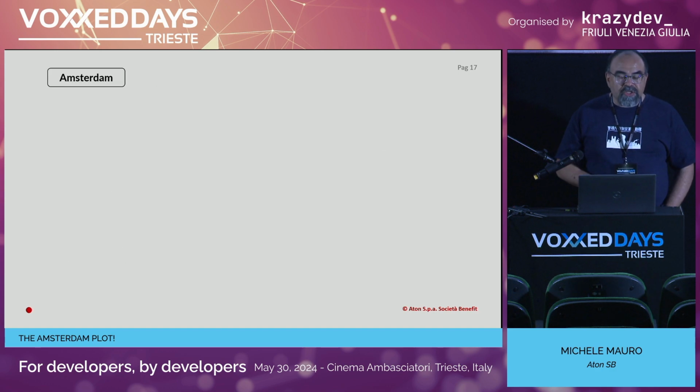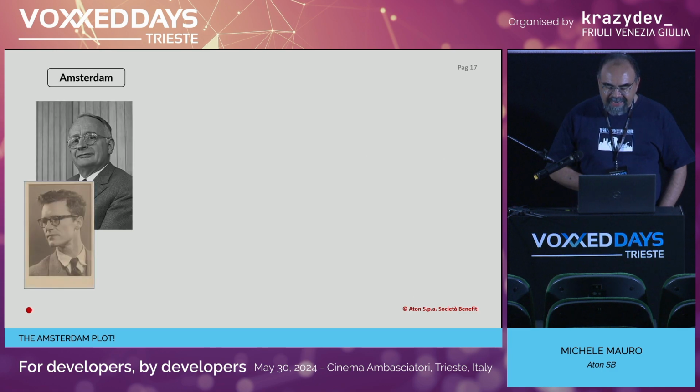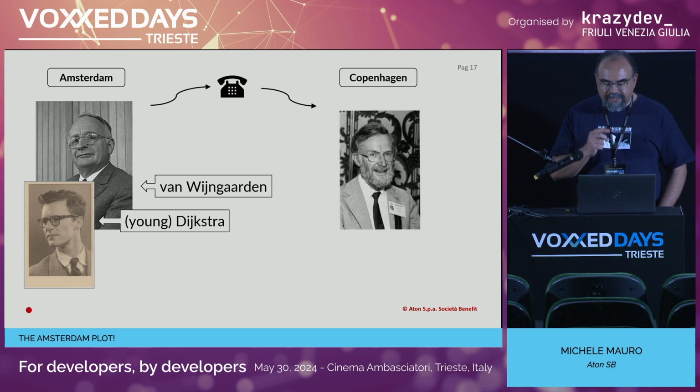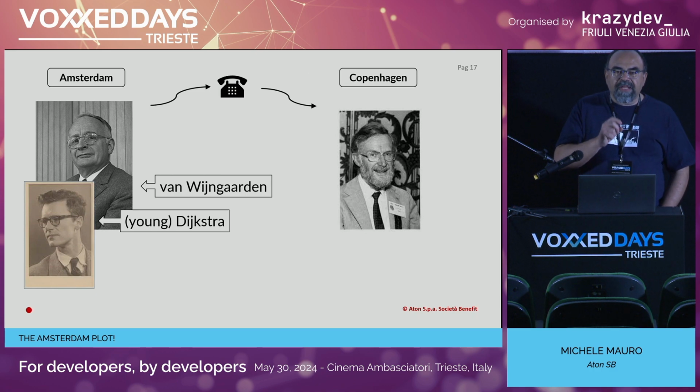But someone was not happy. In Amsterdam, Adriaan van Wijngaarden and his fresh-from-PhD student Edsger Wybe Dijkstra placed a phone call to Peter Naur and told him, you know, we think we found a fundamental issue with the standard, but we think we can solve it with a simple addition.